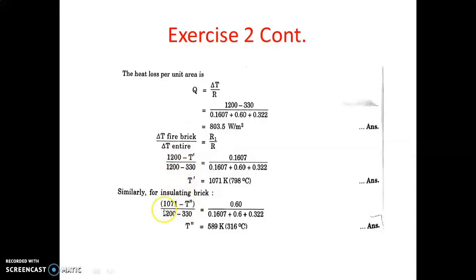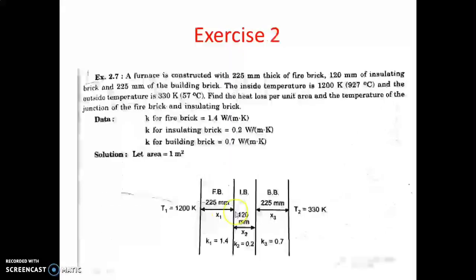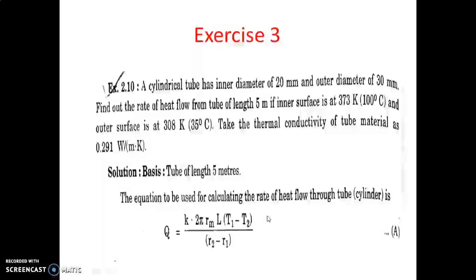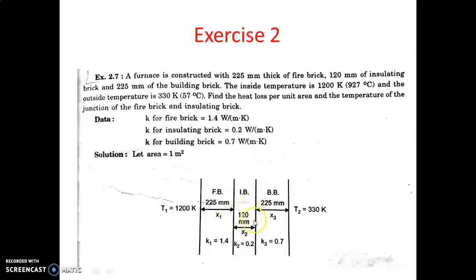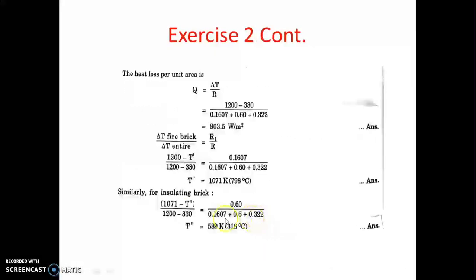So here we put 1071, this temperature, minus T double dash, that means this temperature, divided by the entire delta T. The resistance we have already calculated, and the total R is given here.